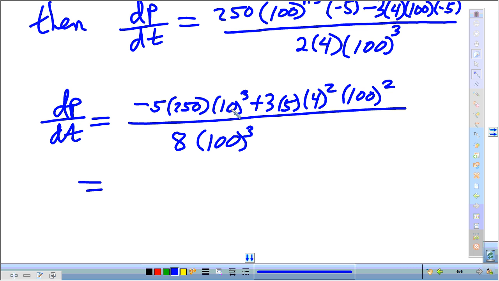So if I factor out a 2 from 250, that makes another 10. So I could write that 125 times 10 to the 4th here in the front. Plus 3.